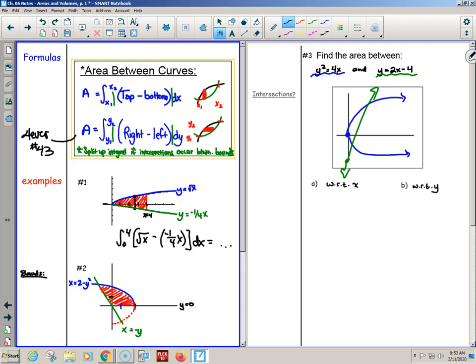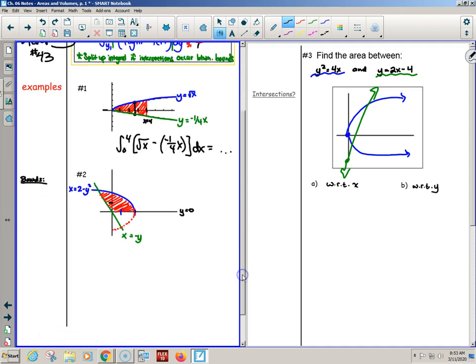Practice integrals. Definite integrals too. But what's going to happen if it changes to y's instead of x's? Is it possible to do a dy and do f of y minus g of y with y bounds? Yeah, it is. But do you guys see that we're going to have to still do integrals a lot?